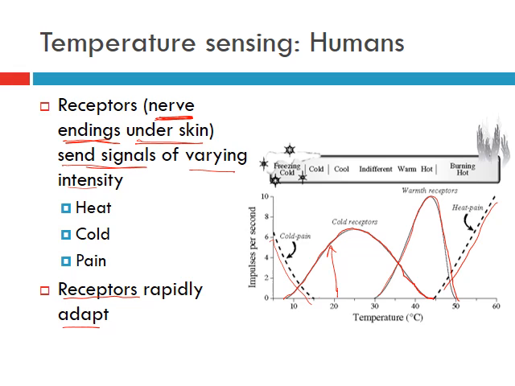A good example is when we jump into the swimming pool, it may feel very cold at the moment we jump in, but after a few minutes, it does not feel as cold. So these receptors that send out impulses, they adjust.